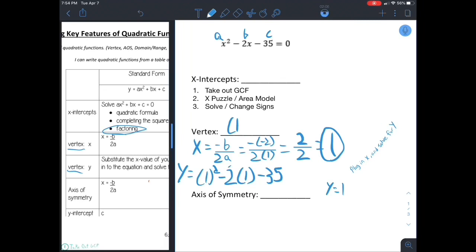So 1 squared is 1. Negative 2 times 1 is negative 2. And we can bring down our 35. So we have 1 minus 2, which is negative 1, minus 35. So y equals negative 36. So our vertex would be 1, comma, negative 36.